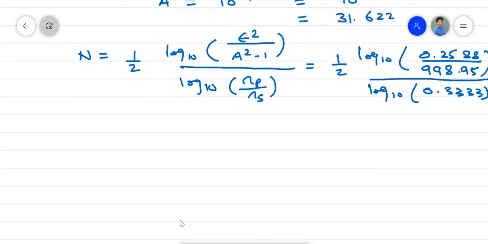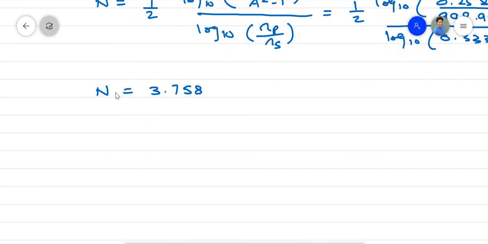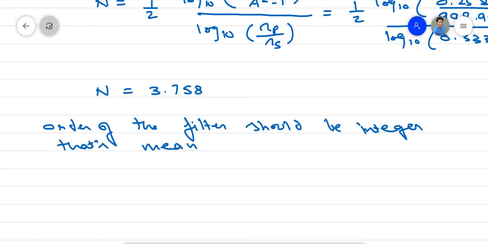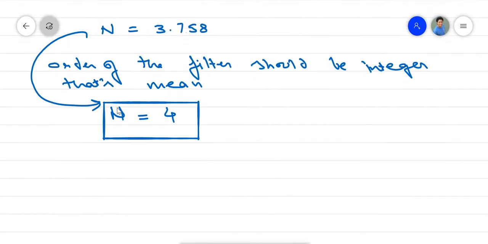Solving this relation will give N equals 3.758. The order of the filter should be an integer, so we will round off this N to the nearest integer. So in the first step we have found the value of the order.